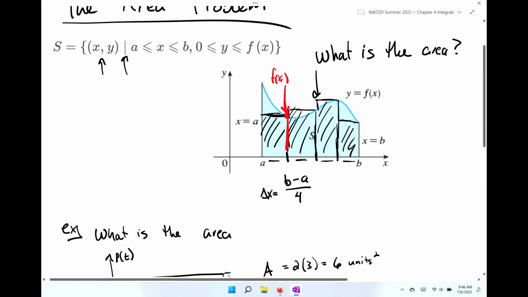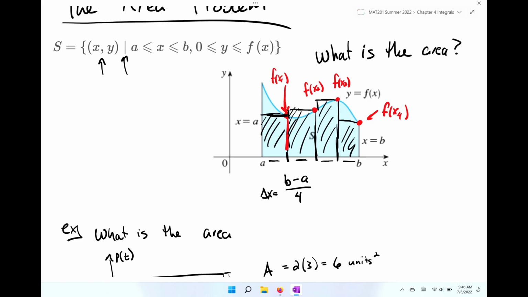And the height of the second rectangle is right there. So I'm going to call that f of x2. And notice that the height of every single rectangle is a little bit different. But the key in the understanding here is that the height always touches my function. So this is going to give us an approximation.